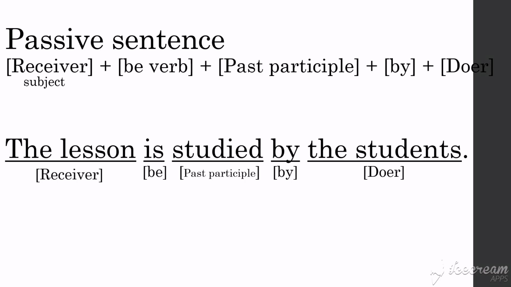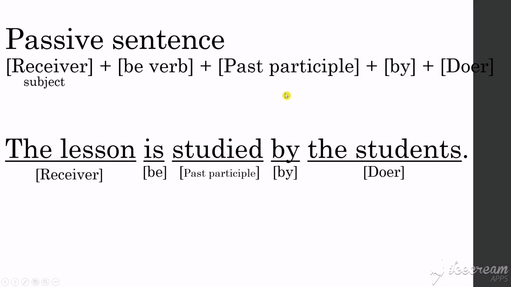a passive sentence. First, we must have the receiver, or the subject of the sentence. And then after that, we're going to use the be verb, followed by the past participle of the main verb.